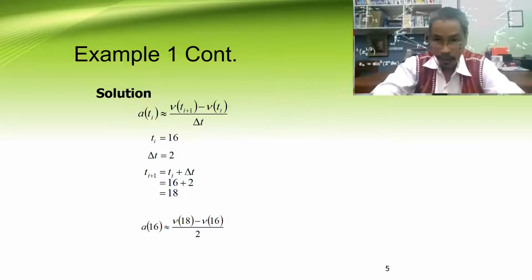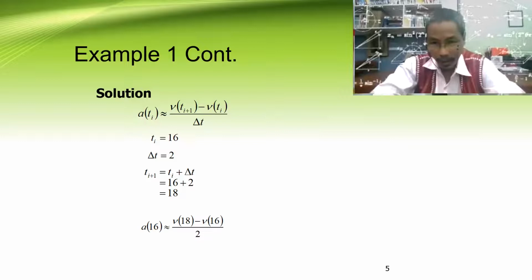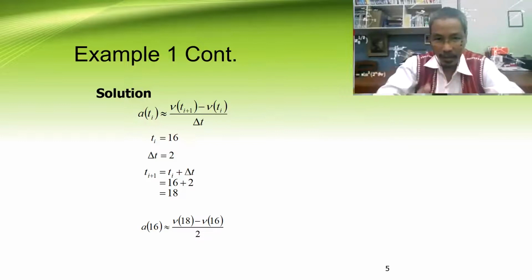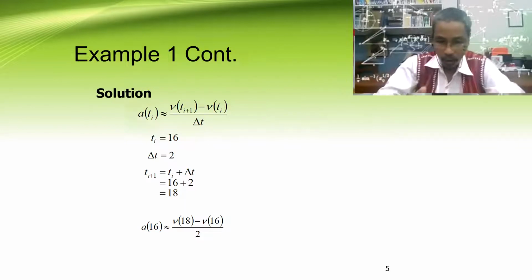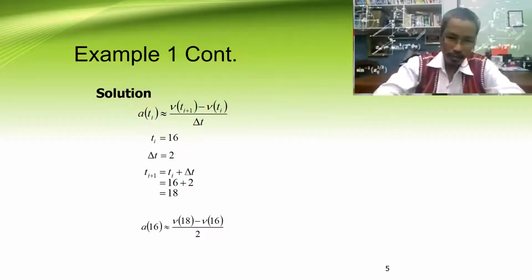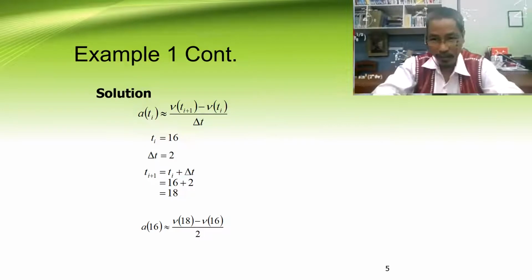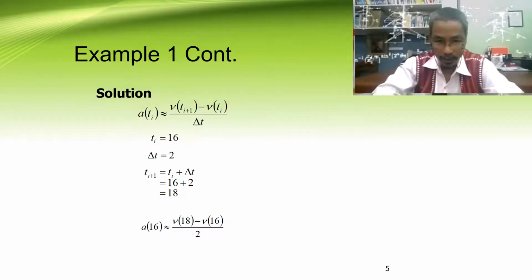Therefore, the acceleration at t equals 16 is just the velocity at 18 minus the velocity at 16, divided by 2. We can immediately calculate that value knowing our calculus.